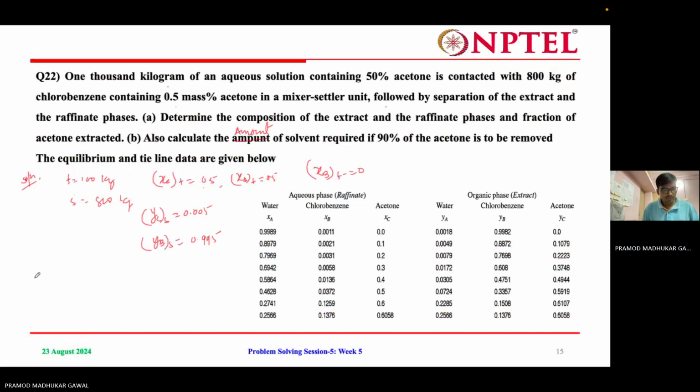Like overall material balance: A plus S equal to M after mixing, equal to R plus E, right? So A plus S is equal to M is equal to 1000. Okay, sorry, yeah, 1000 plus 800, 1800 kg of mixture, right?